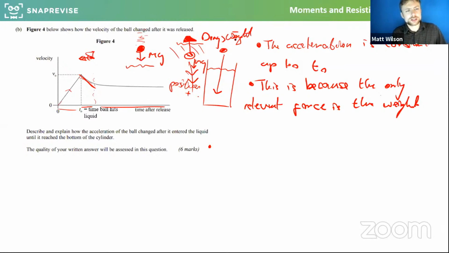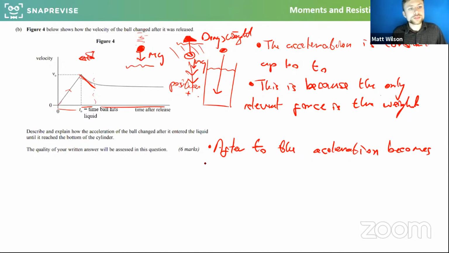So let's jot that down. After t naught, the acceleration becomes upwards.